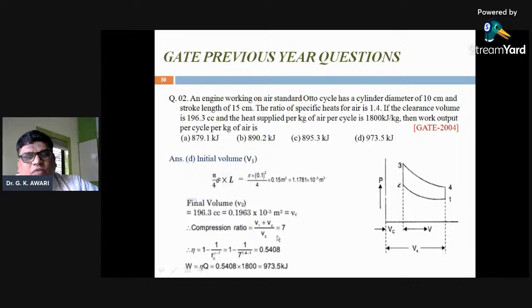So this compression ratio we have calculated as 7, and then we know the equation to calculate the efficiency of the Otto cycle.